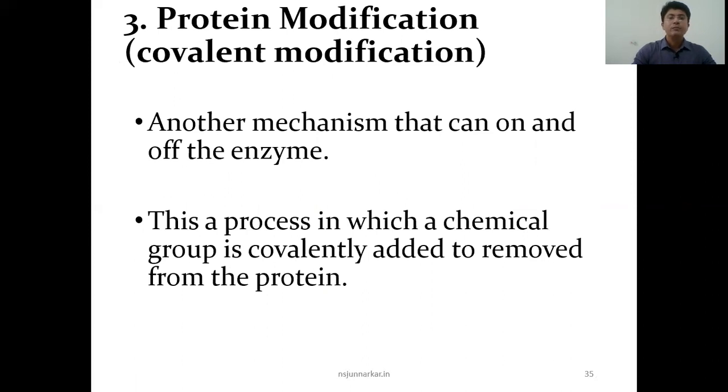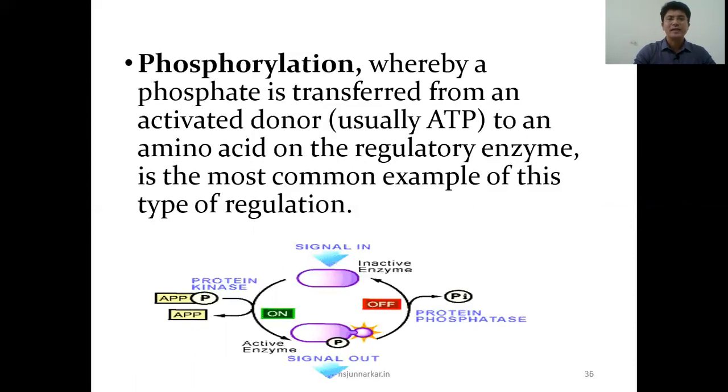Then protein modification or covalent modification can also be seen as a regulatory mechanism. This is a process in which a chemical group is covalently added to or removed from the protein or the enzyme. Phosphorylation is an example in which phosphorylation of the enzyme can turn it into an active form, whereas dephosphorylation can result in its conversion to the inactive form.